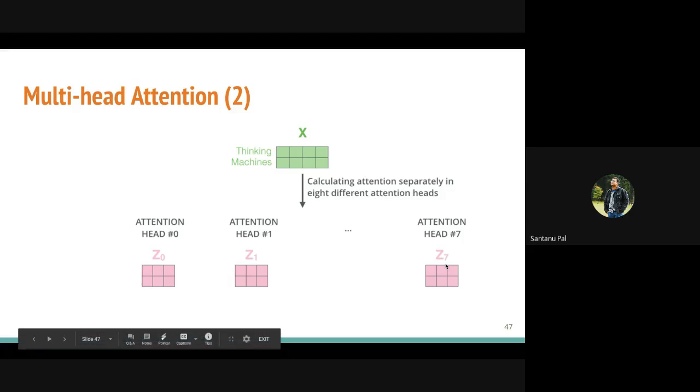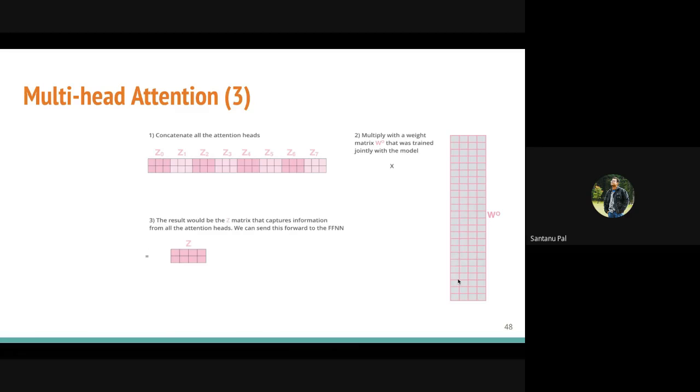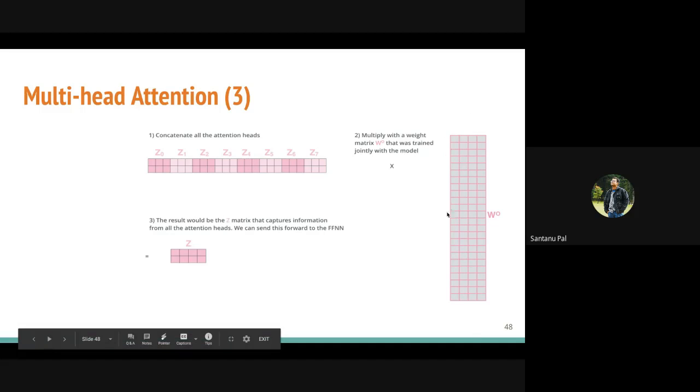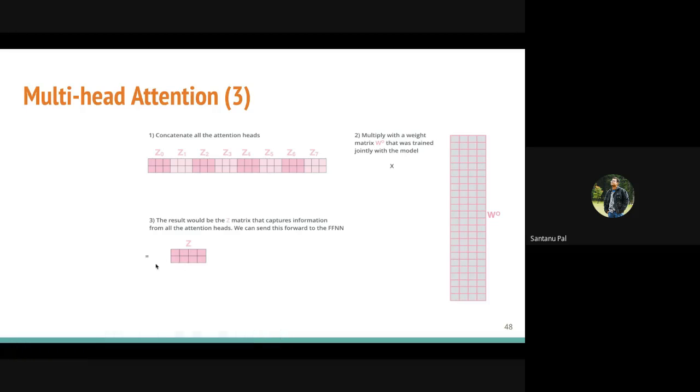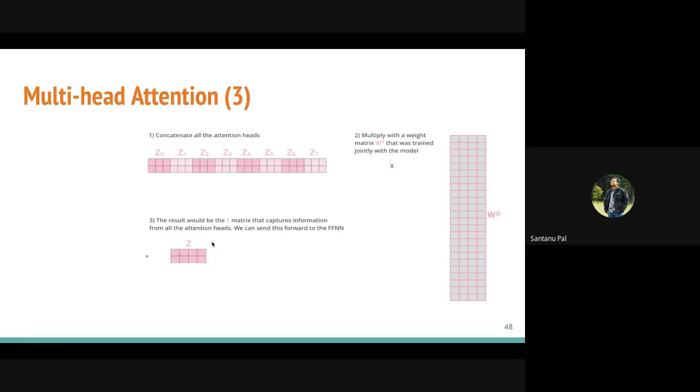So all the Z have different information, and then we concatenate them together and multiply by an output weight matrix, and finally prepare the same size of vector, because we have to pass this representation to the feed-forward network.